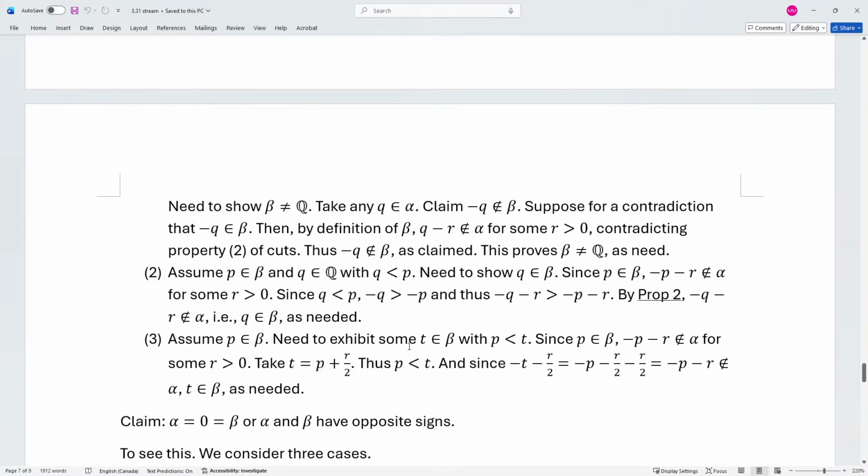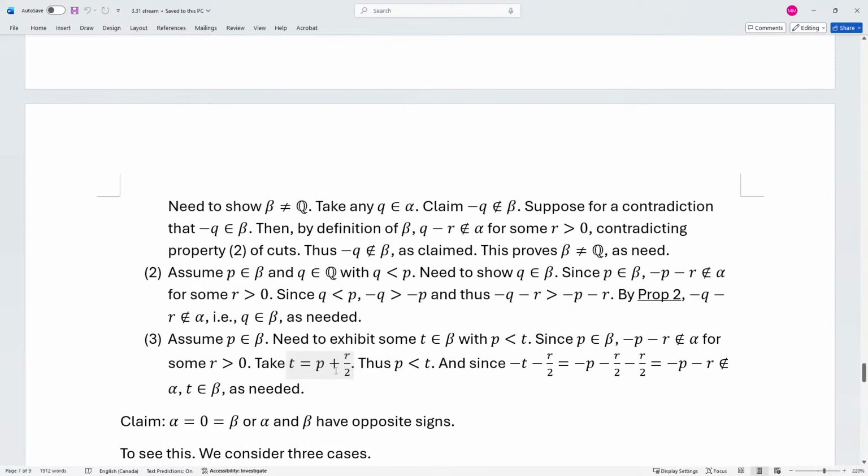We need to exhibit some t in beta with p less than t. Yeah, so showing that beta has no greatest. Since p is in beta, minus p minus alpha minus r is not in alpha for some r greater than 0. Take that.